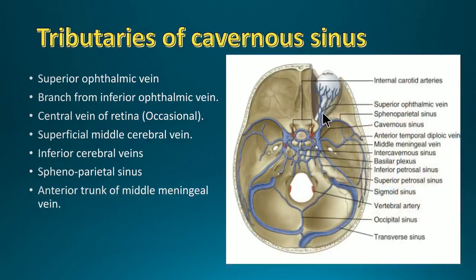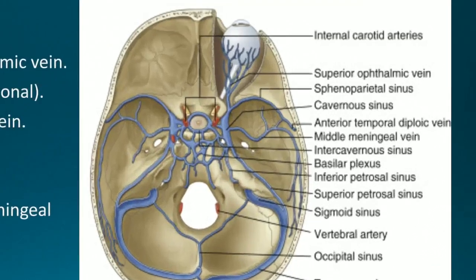So the orbital veins, we have seen the superior and inferior ophthalmic veins as I told you. And this is the sphenoparietal sinus which is going to drain here. Then superficial middle cerebral veins and some inferior cerebral veins also drain, and the middle meningeal vein frontal trunk, sometimes you see here it is draining into the cavernous sinus.